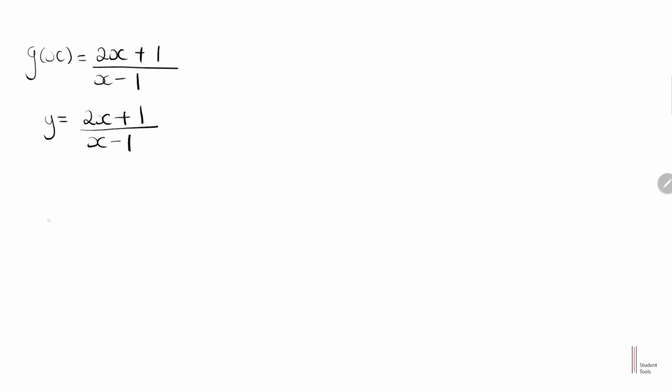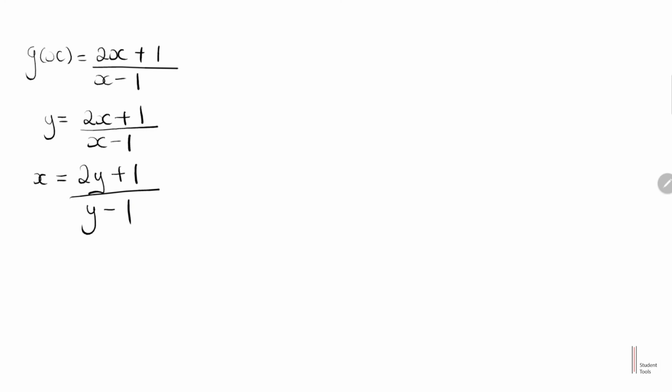So where there is y, we will put an x, and this will be equal to 2 of 2x. Where we have an x, we'll put y. So plus 1 over y minus 1.